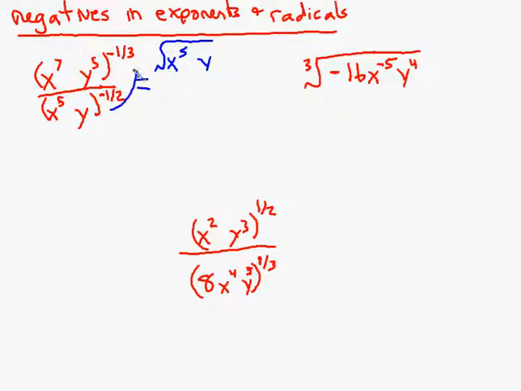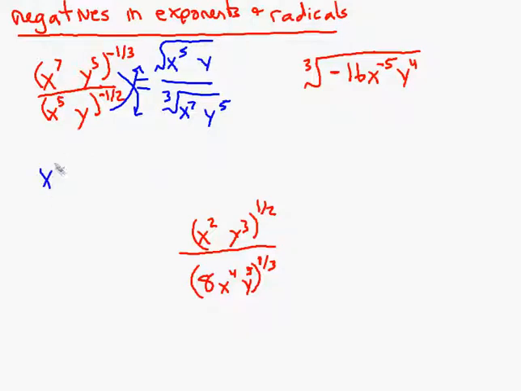See, I moved that one up, and I'm going to move this one down. This one's going to be cube root x to the 7th y to the 5th. And now I'm going to try to simplify these. Now I can't use my rules of exponents to do the quotient rule and subtract these exponents because my indices are different. So I'm going to have to use a different method.